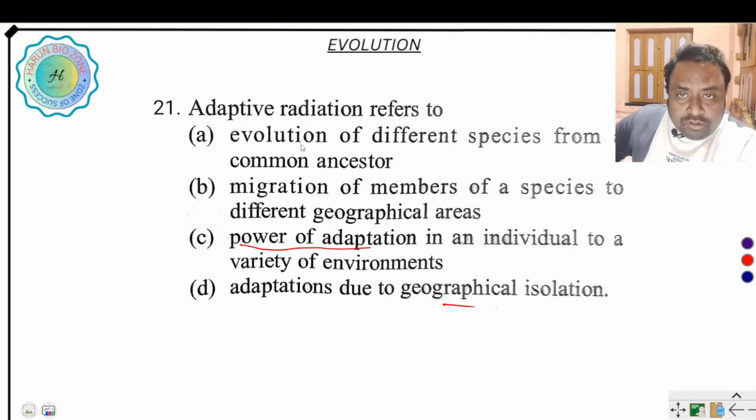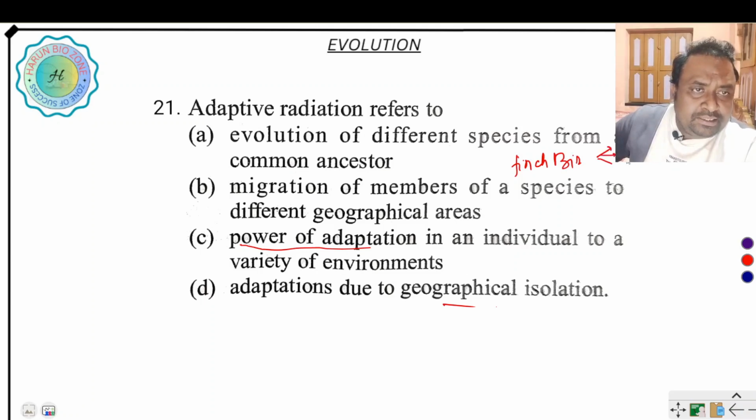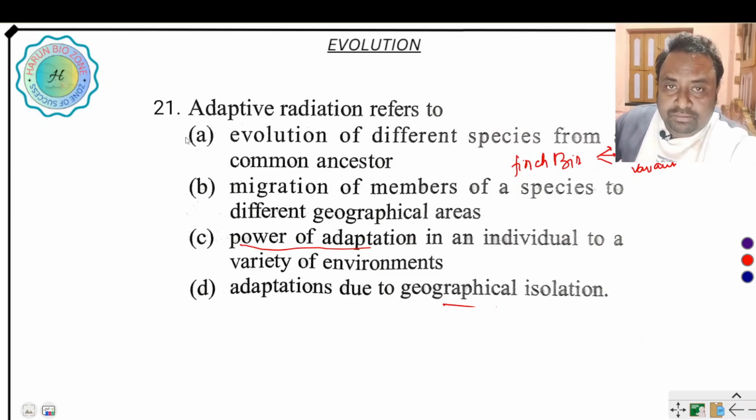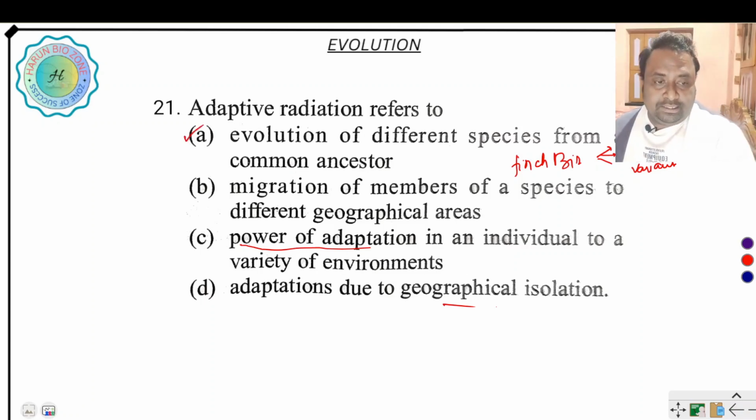It is the evolution of different species from a common ancestor, like Darwin's finches, with 13 different varieties due to different food habits on different islands.